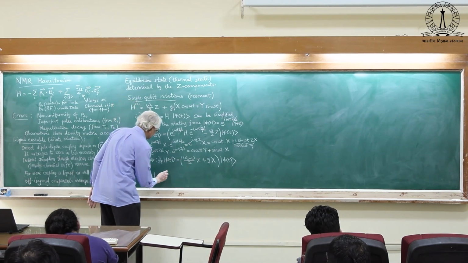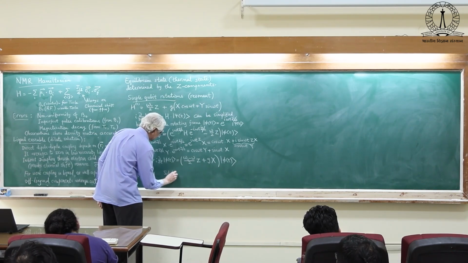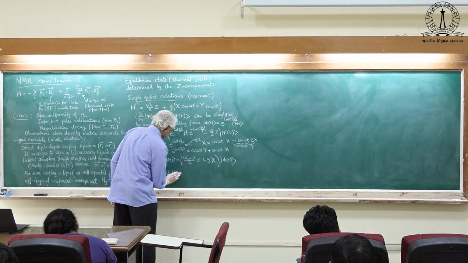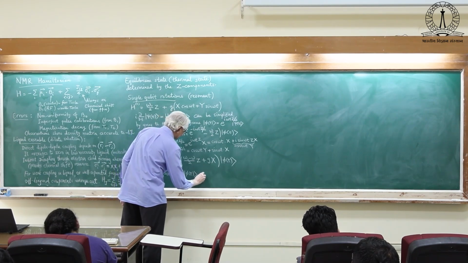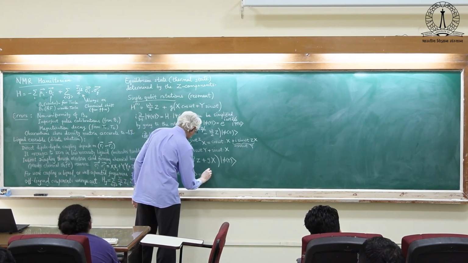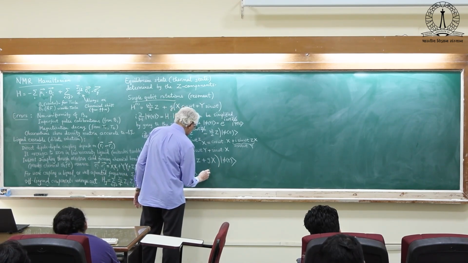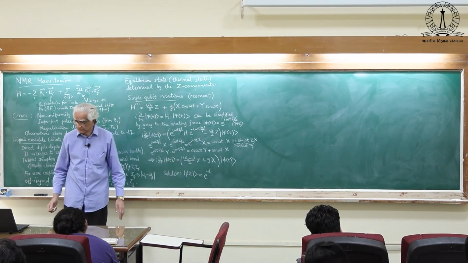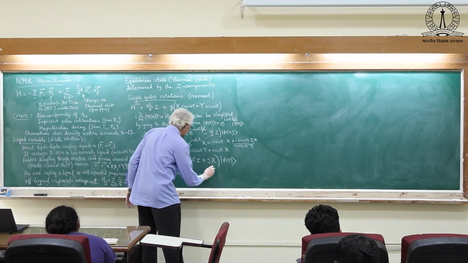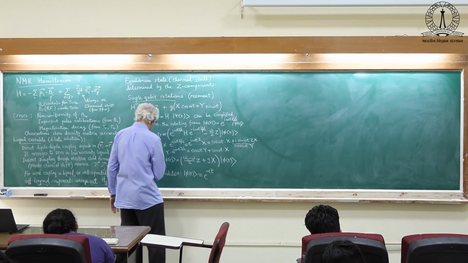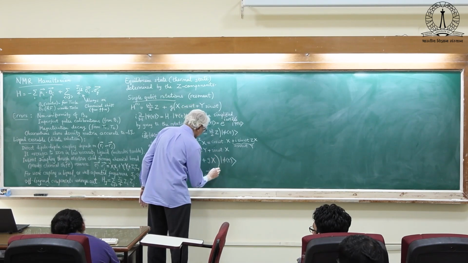Okay. So the solution is e raised to minus i, I have to put a corresponding factor, but this minus i is coming from this stuff, the usual thing, and this can be treated as some constant.